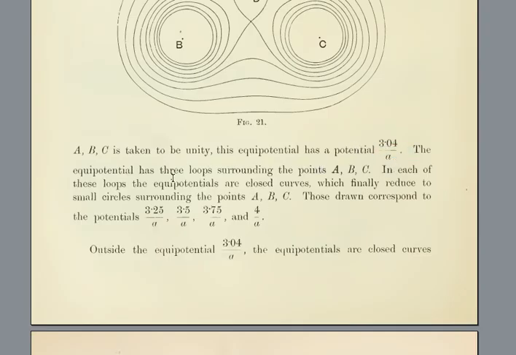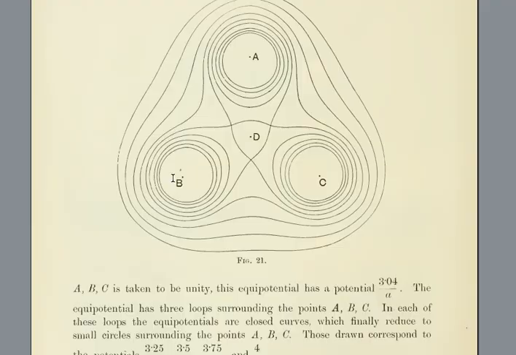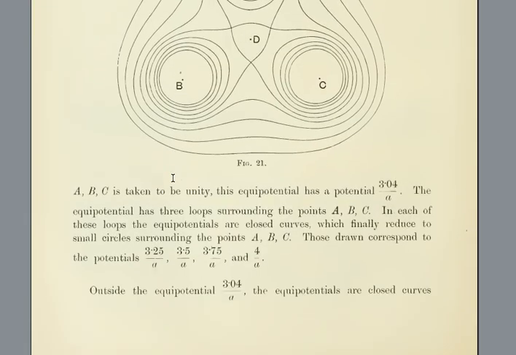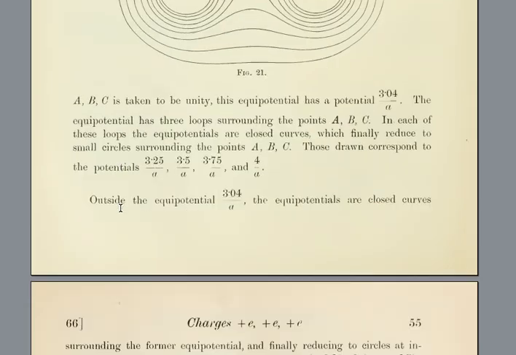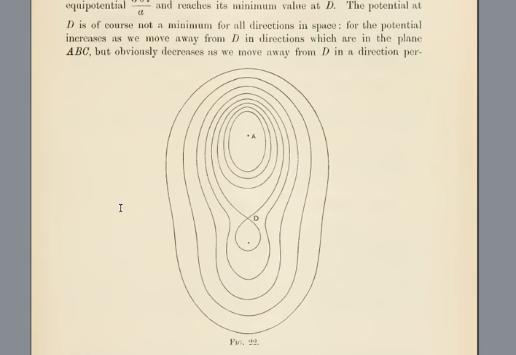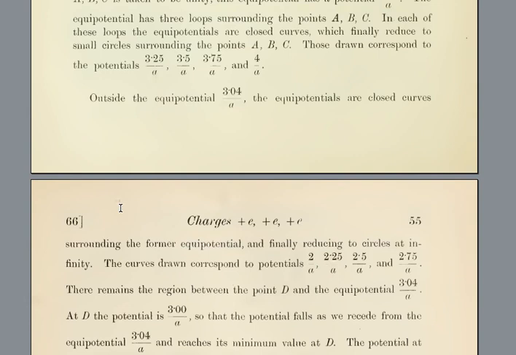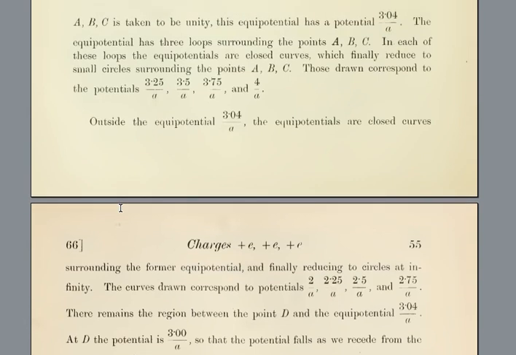The equipotential has 3 loops surrounding the points A, B, and C. In each of these loops, the equipotentials are closed curves, which finally reduce to small circles surrounding the points A, B, and C. The drawn equipotentials correspond to the potentials 3.04 divided by a, 3.25 divided by a, 3.5 divided by a, 3.75 divided by a, and 4 divided by a.